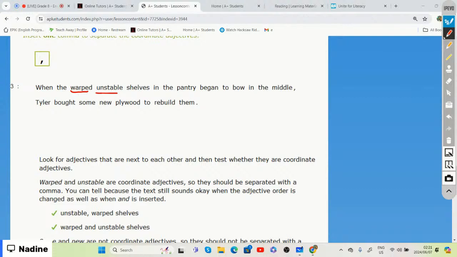We will be able to check based on if we add a comma between warped and unstable, is the sentence going to change? Or if we add "and" between those two words, will it change? And if it doesn't change, then they are coordinate, and that's it. Those two words are coordinate adjectives. Right? So coordinate adjectives are usually next to each other.